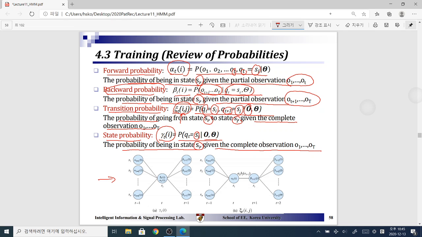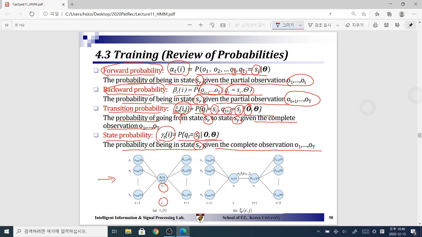Now, I illustrated this using these two pictures at the bottom here because they're related to the forward probability of being at state S_i at time t.